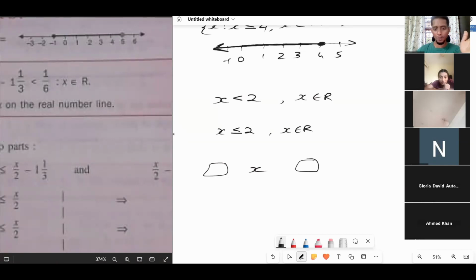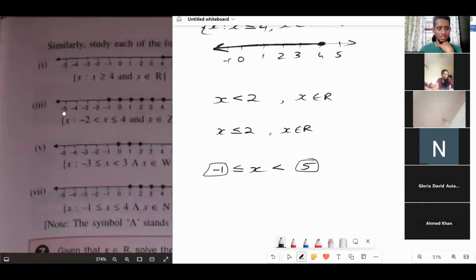The smaller number is -1. Then is -1 included? Yes. So less than equal to. And here is 5. Is 5 included? No. So less than. It's a white circle. This is a black circle. Everyone clear on this?